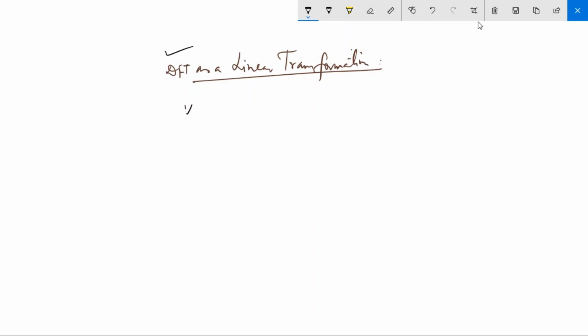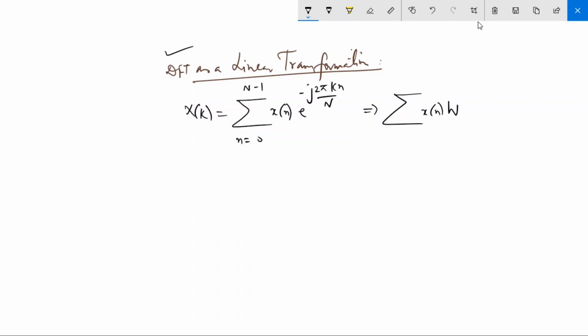For DFT we have X[k] equal to the summation of x[n] e raised to power minus j 2 pi kn by N, which we have written as x[n] W_N to the power kn, where W_N is defined as e raised to power minus j 2 pi by N.